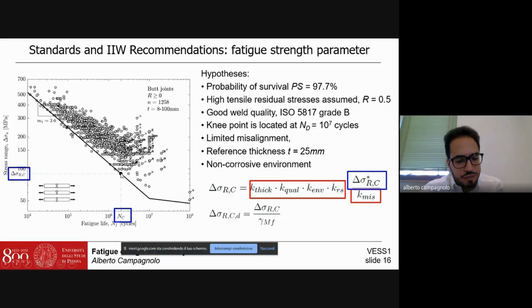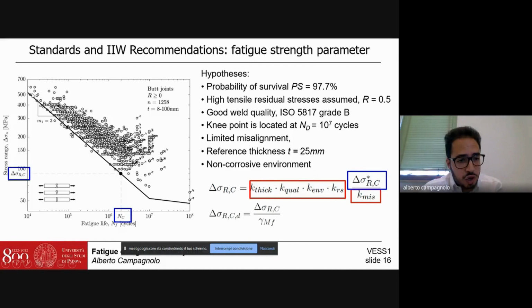Several names are available in the literature and standards, and this is the strength parameter defined at a given fatigue life, which is typically 2 million cycles. After that, another parameter which is very important to define the fatigue strength curve is the inverse slope, which is typically equal to 3 when dealing with steel welded joints under axial or bending loading.